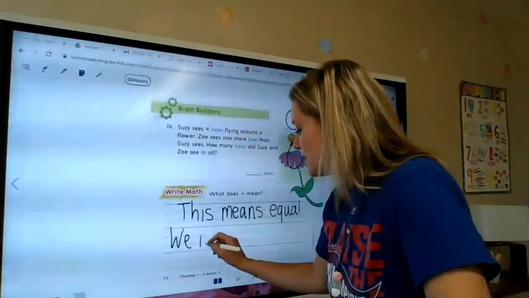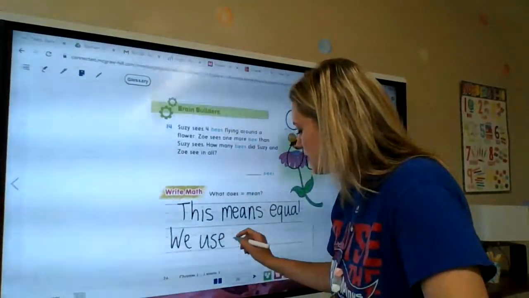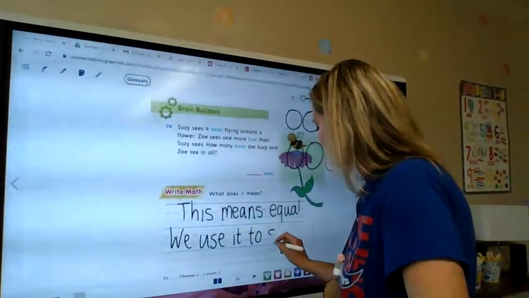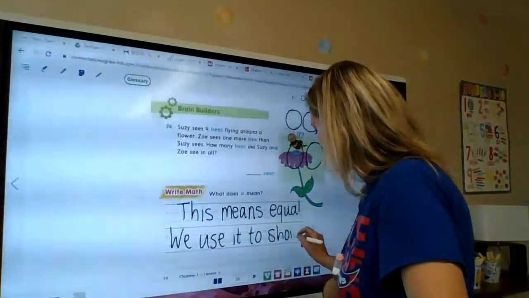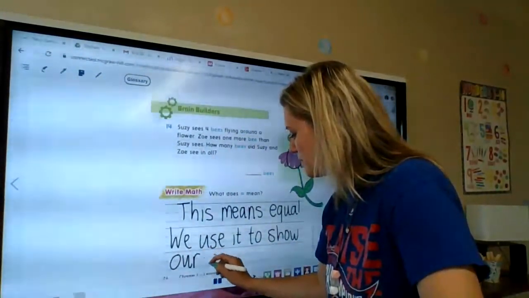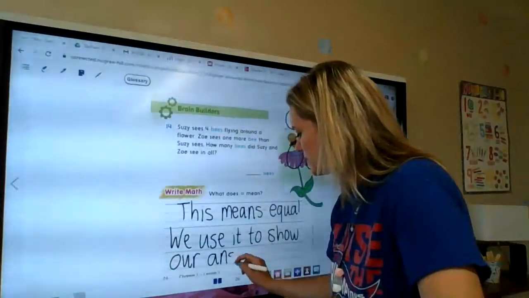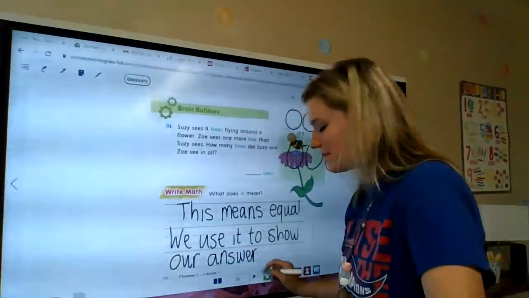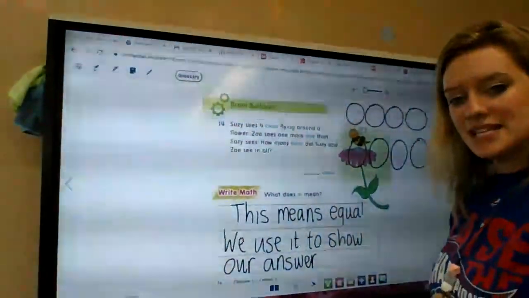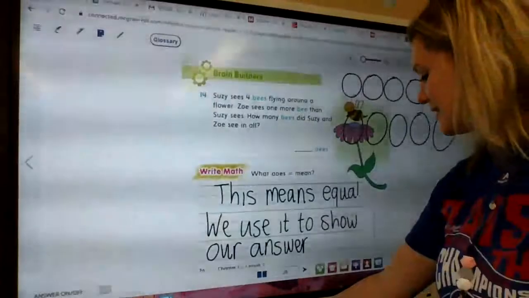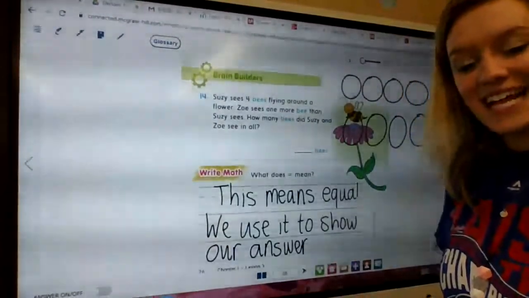We use it to show our answer. Okay? This means equal. We use it to show our answer. That's what that sign is.